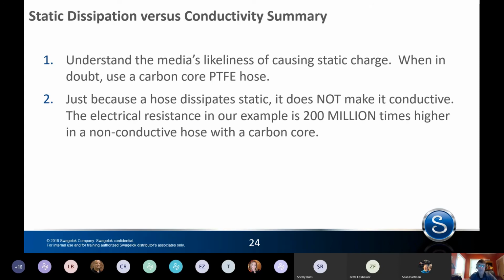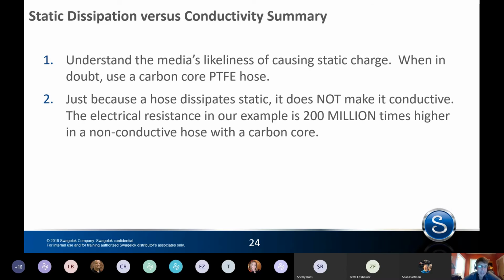You can get any combination, but it's important if you have electrical issues to understand what the hose will do in that case. And when in doubt, with a PTFE hose, if you're using that, always get the carbon core. I always recommend getting the carbon core. It's nearly free. It's about a 1 or 2% add-on to the price, and it solves this problem all the time.